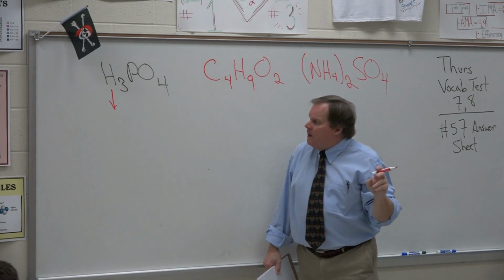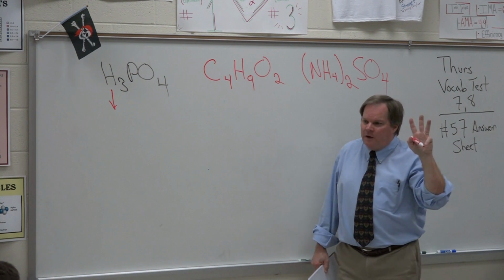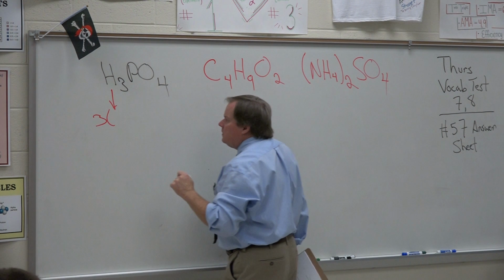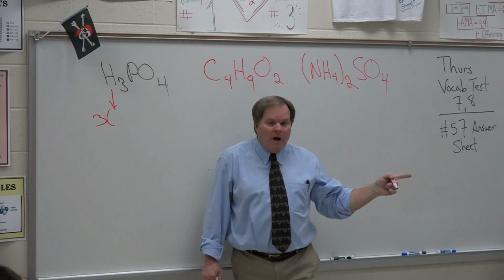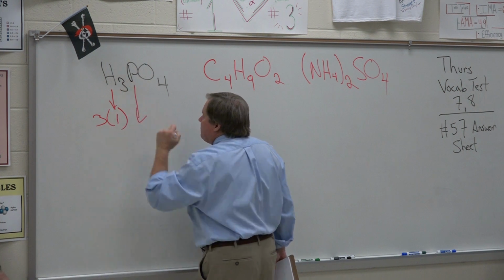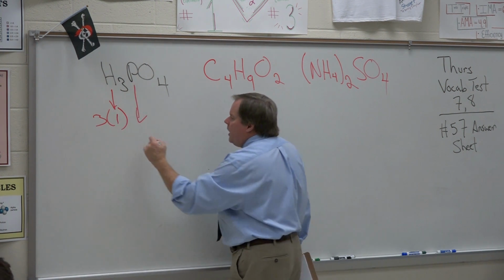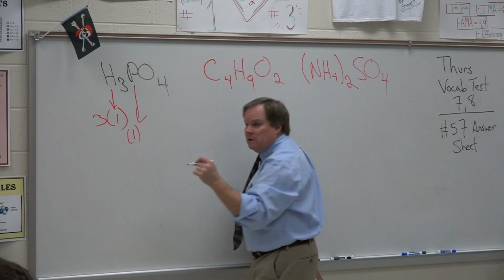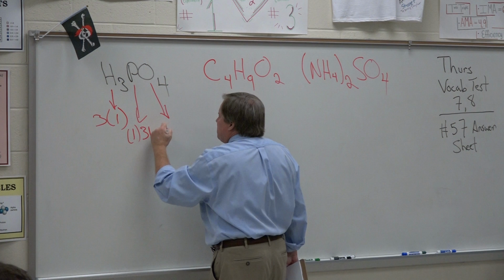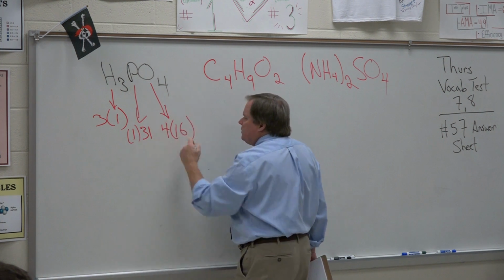How many hydrogens do we have there? We have 3, and each one weighs 1. How many phosphorus? 1, and each one weighs 31. Then we've got 4 oxygens at 16 each.